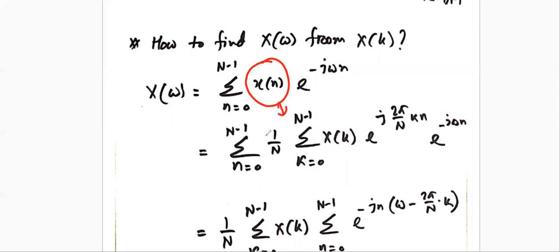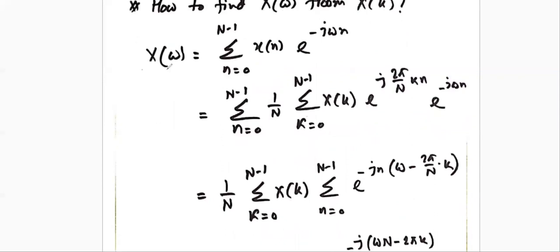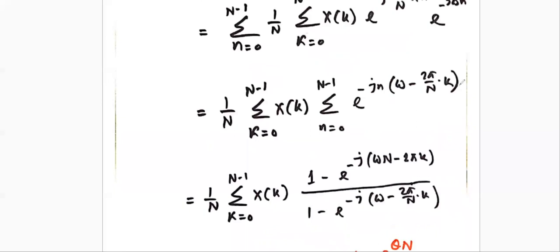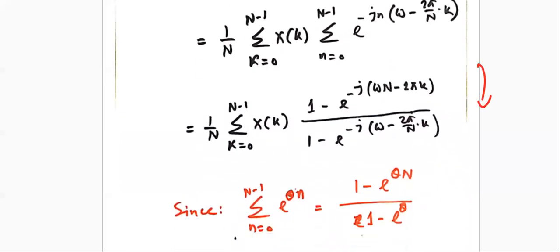So x[n] can be written as this. Now you can find that there is a relation between X(omega) and X[k]. Now by putting the value, you can extend the mathematical terms and you will find that this is the final equation where we have X(omega).